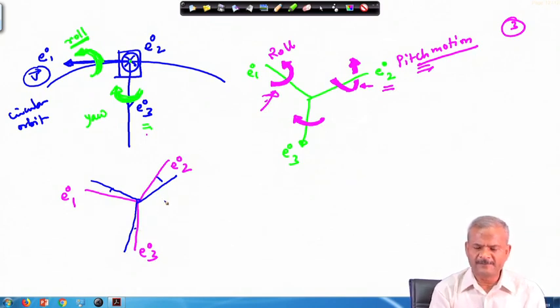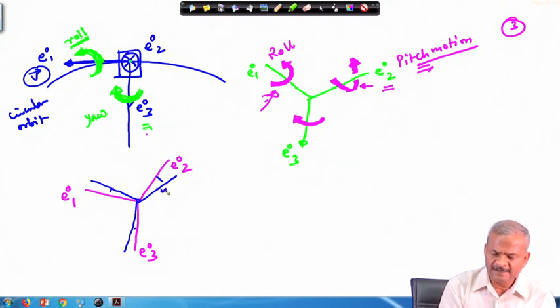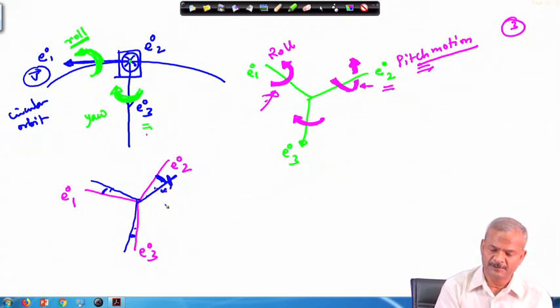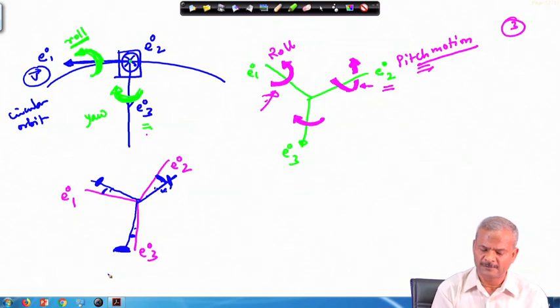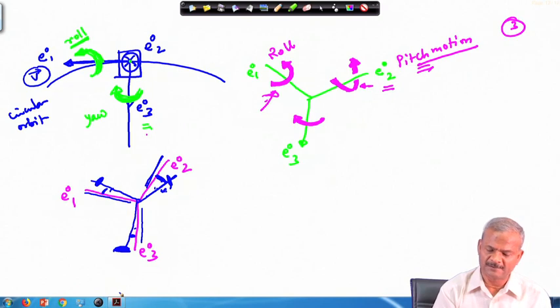In that case you can see that this line is still near this line, and this line is still near this line. So, the motion about this blue line I can consider as the pitch motion, about this line I can consider as the roll motion, and about this line I can consider as the yaw motion. While actually we have defined the roll along this, pitch along this, and the yaw along this.